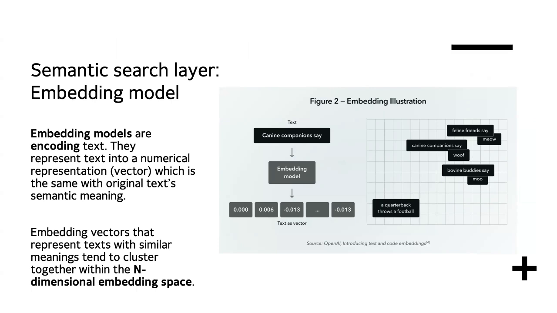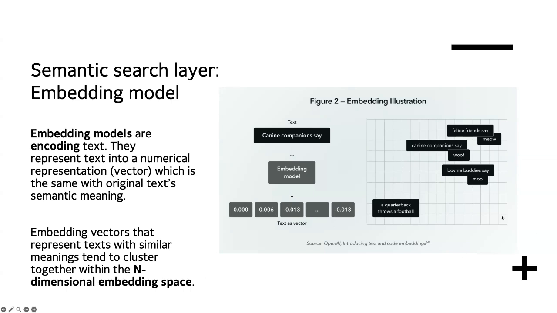To explain more detail about the embedding model, embedding models encode text. They represent text as a numerical representation in a vector, which keeps the same semantic meaning as the original text. So we have the text in here, then it goes to the embedding model, then it is translated into a vector, and embedding vectors that represent text with similar meaning tend to cluster together within the n-dimensional embedding space.